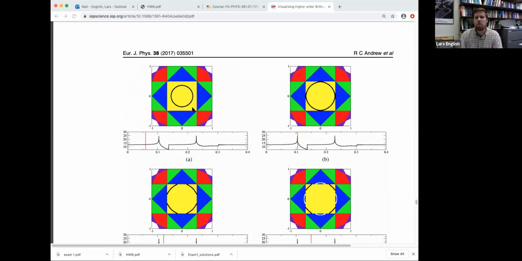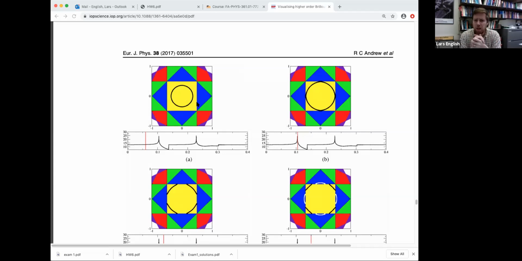So we see here that we have the first Brillouin zone in yellow and the second Brillouin zone in blue. And then there's also the third, fourth, and fifth, in different colors. But we've drawn here a circle of constant energy. And it almost looks like maybe that circle encloses half of the area in the first Brillouin zone.